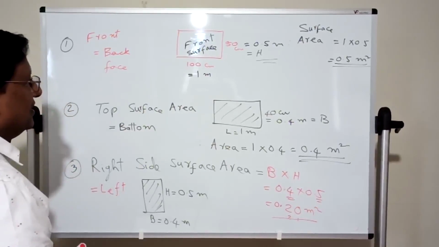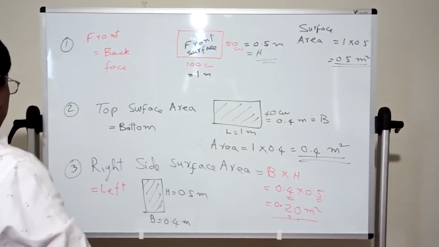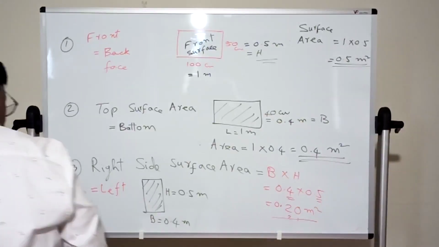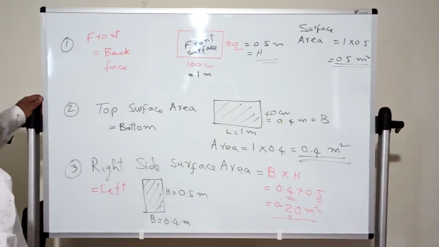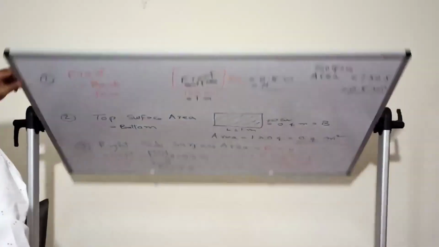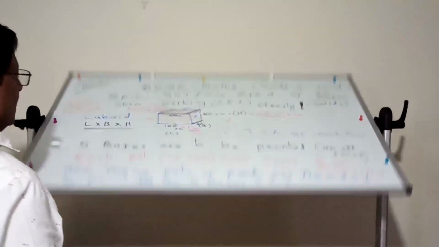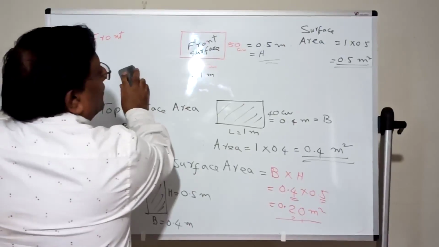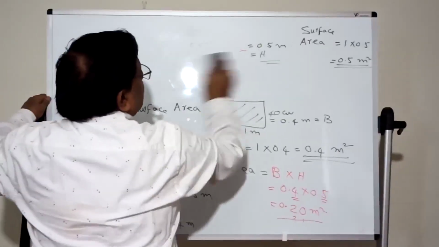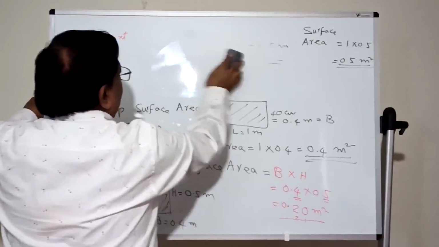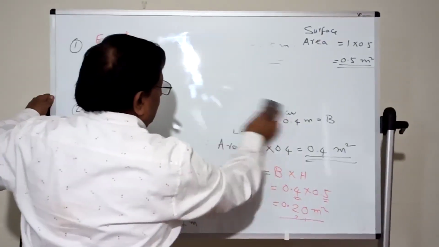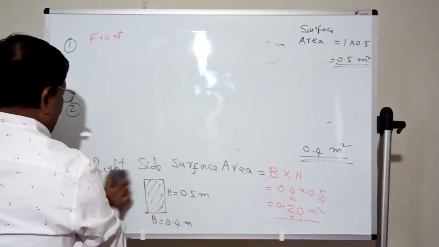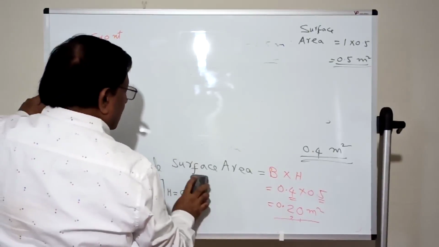Left area also same. Now let us just add all the surface areas. Front and back. I will just add the things here. Top and bottom. Right and the left.